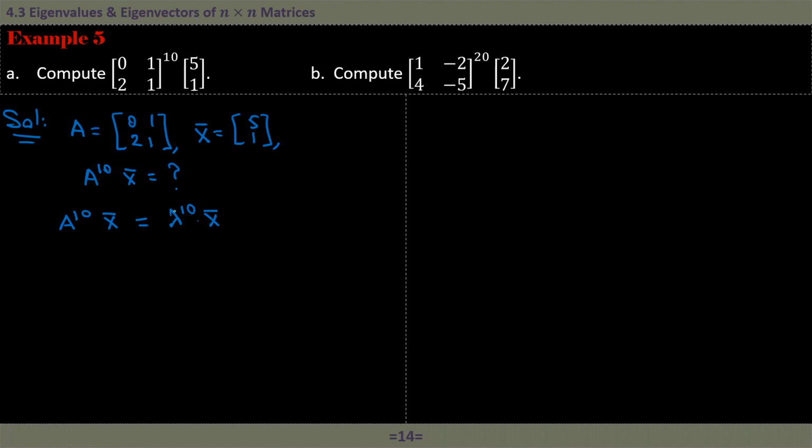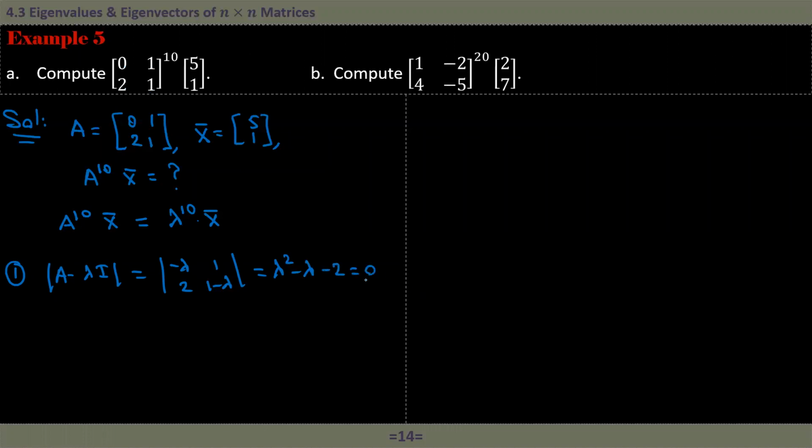Now I have no idea about this lambda, so number one, let's find lambda. To find lambda, we know that we have to evaluate this determinant: A minus lambda I, which is [0, 1; 2, 1] minus lambda I, so we have [minus lambda, 1; 2, 1 minus lambda]. If you multiply minus lambda times 1 minus lambda, that is lambda squared minus lambda, and here we have minus 2.